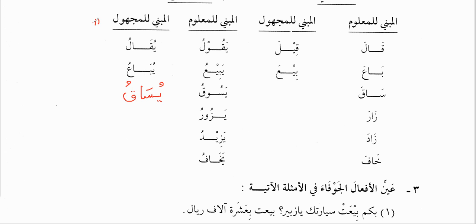Make a point here that when you make the present tense of some particular kind of verbs into majhul, what kind of verb? Ajwaf, fail ajwaf, which have a weak letter in between. So yazuru becomes yuzaru.